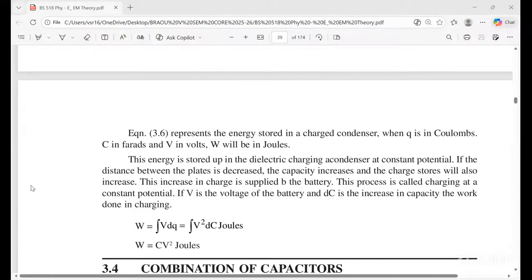By definition, C equals Q by V. The potential difference between the plates decreases, and the capacitance of the capacitor increases. So if the capacitance increases, it accumulates more charge. It can store more charge on it. That is the case.